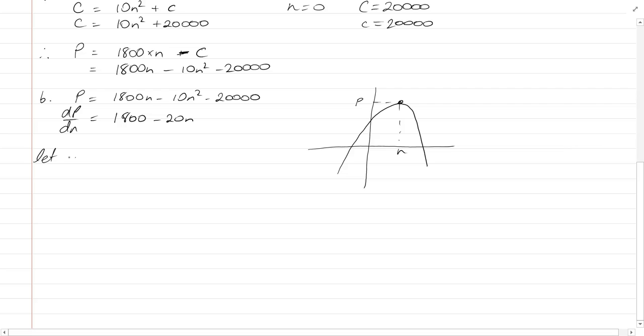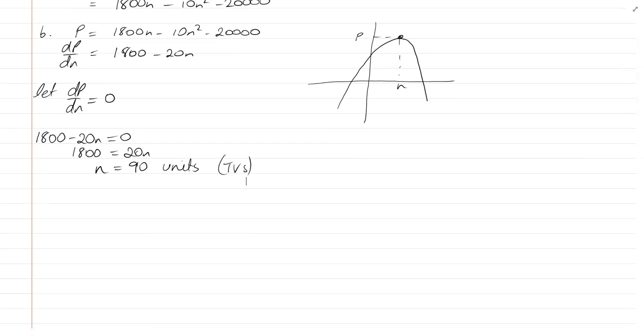Let dP/dn equal 0, and we get 1,800 minus 20n equals 0. 1,800 equals 20n, and n equals 90. So 90 TVs will give us our maximum profit.